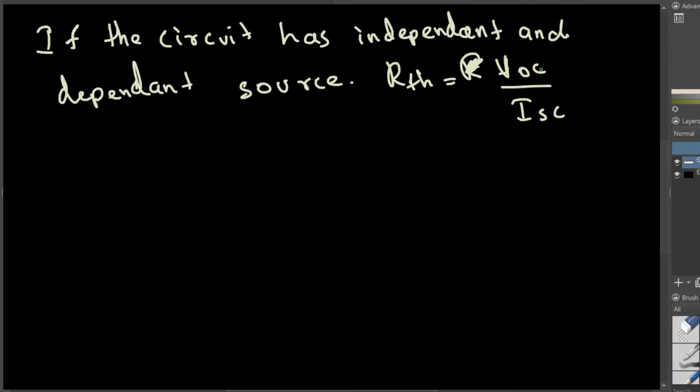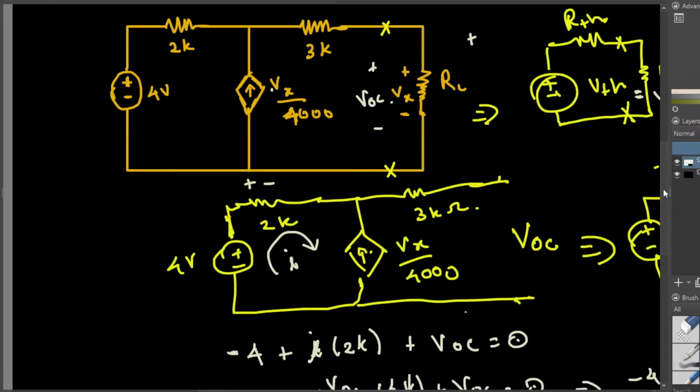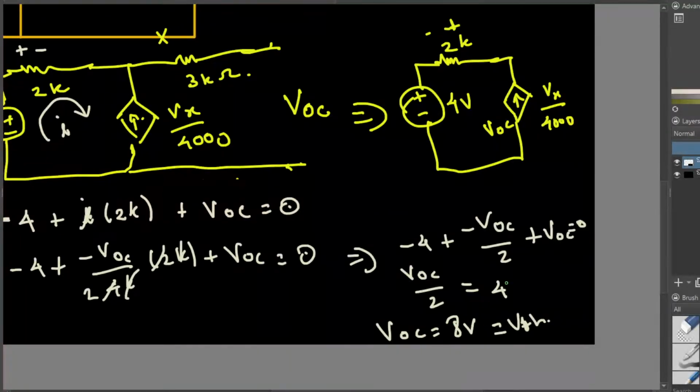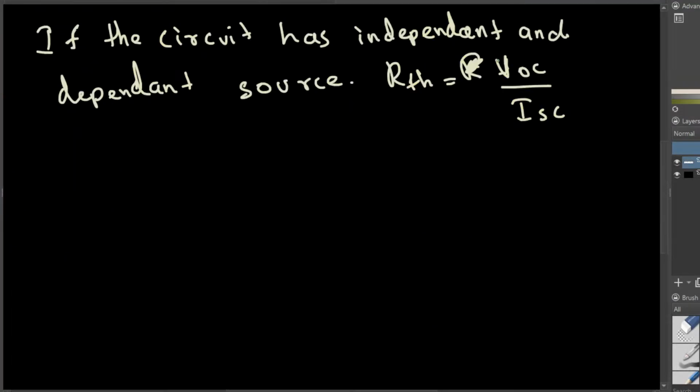VOC is the voltage across the open circuit. We already found it, that's 8 volts. That's the one we just found right now, so we don't have to worry about this one.